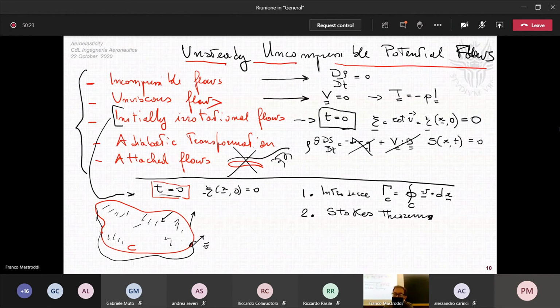The Stokes theorem states that if you consider one of these surfaces, and if you decide to have a verse of this circulation integral like this, for example, and if you fix on the surface a consistent direction of the normal, following, for example, the rule of the right hand, in the sense that you have a circulation and you have a normal.